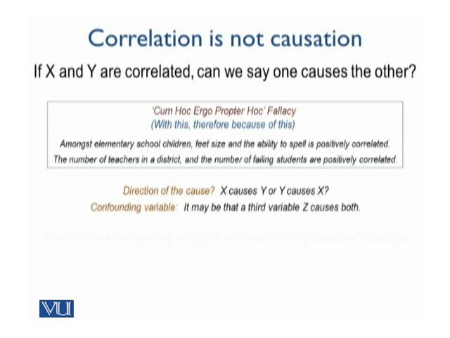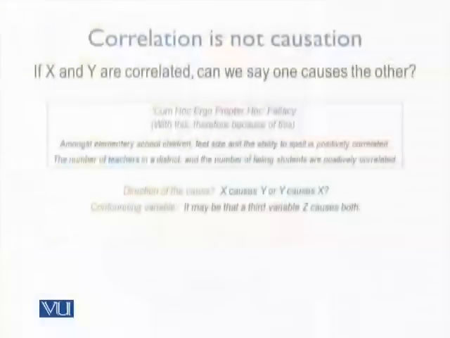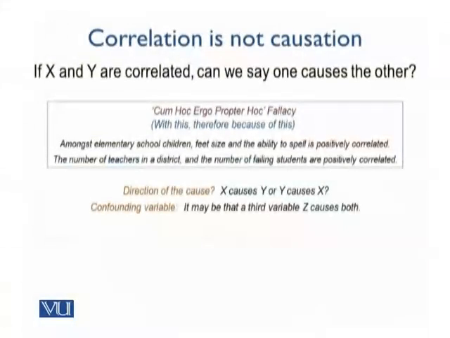We also call such a variable a confounding variable, because we confound the effect of this hidden variable with the effect produced by the variables that we can see. As an example to illustrate this, please refer to this slide. We have two amusing examples to illustrate that correlation is not causation.